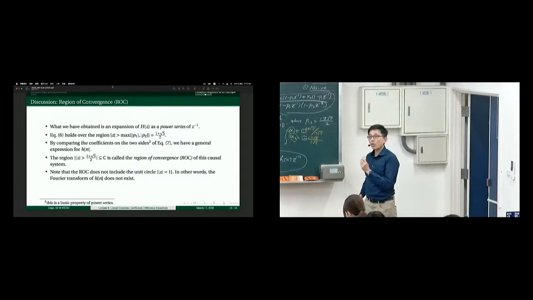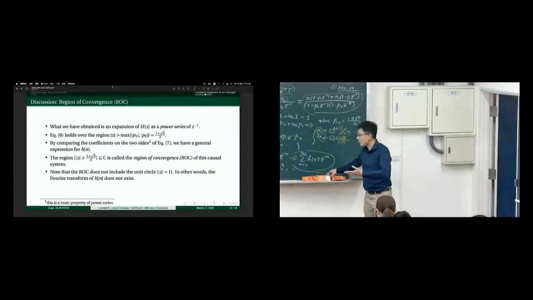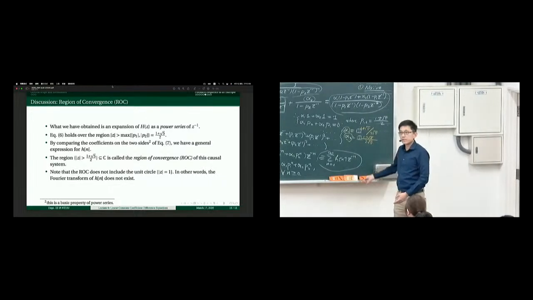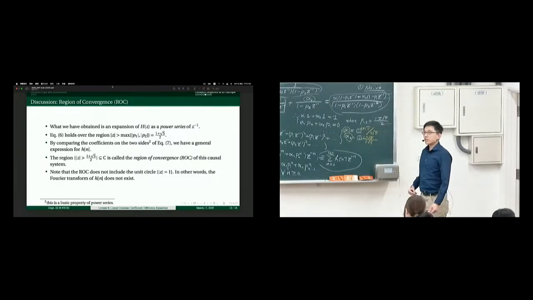So this is an example where we do have a closed form expression for a signal, but this signal does not have a DTFT. If you even attempt to evaluate it, the DTFT does not converge.